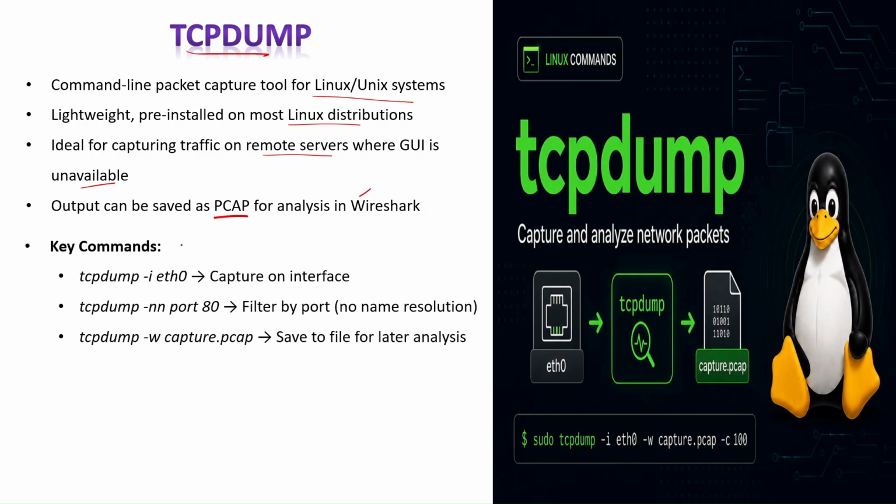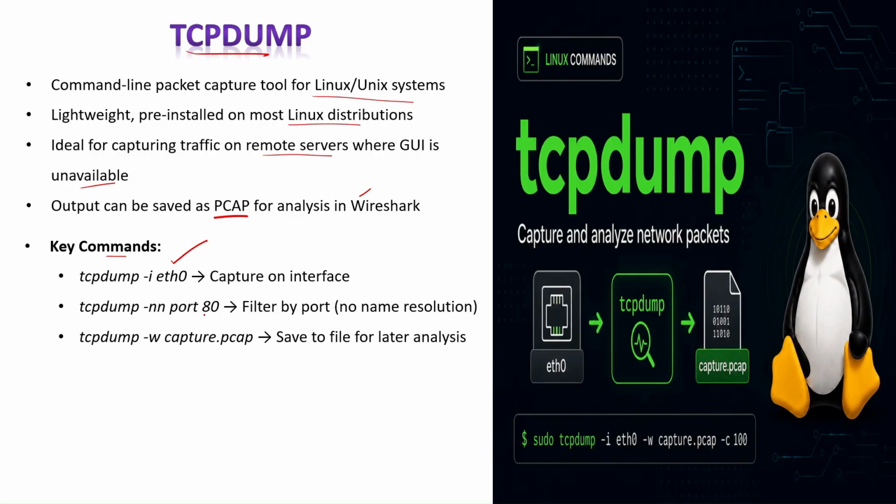Key commands of tcpdump include tcpdump -i, where -i means the interface that we want to capture traffic on. After the -i flag, you can give the interface on which you want to capture the traffic.